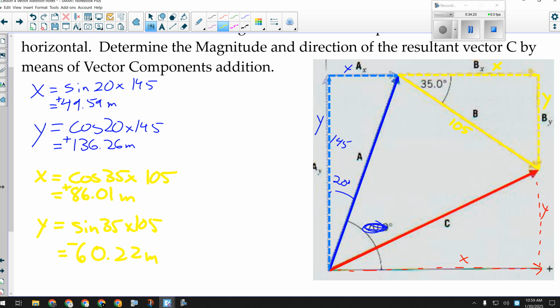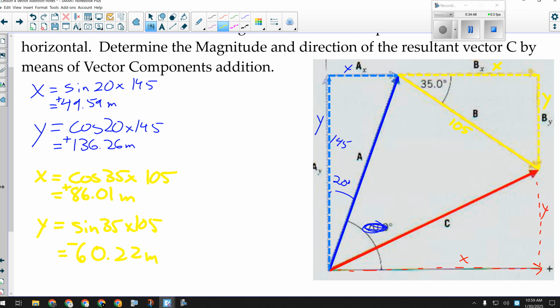All right, now I've done kind of the heavy lifting. I've figured out all of the x and y components for this question. What do I do now to get red x and red y? Right, to get red x, I add the two x's together.